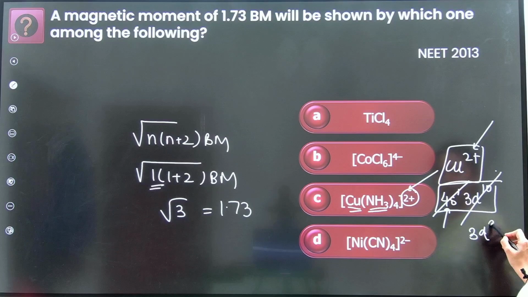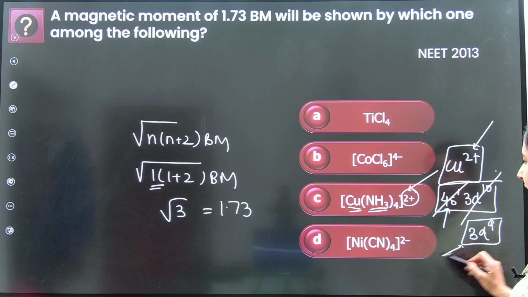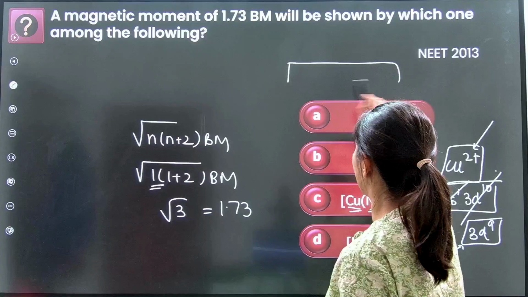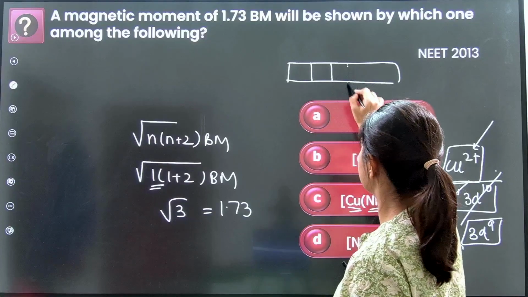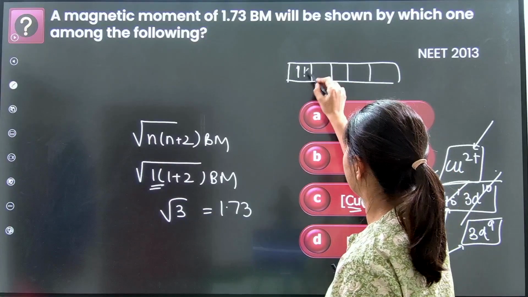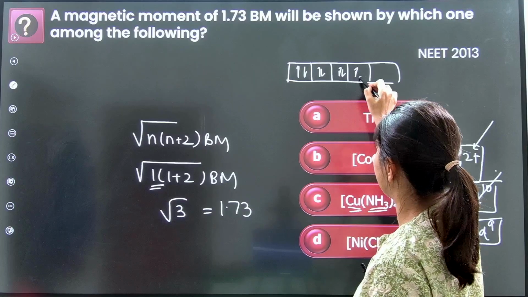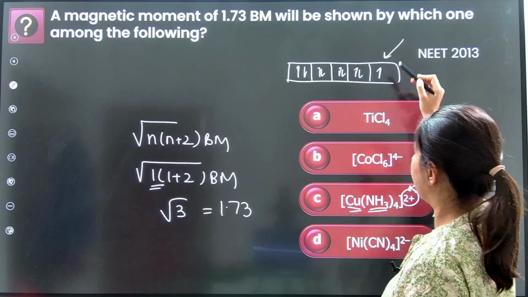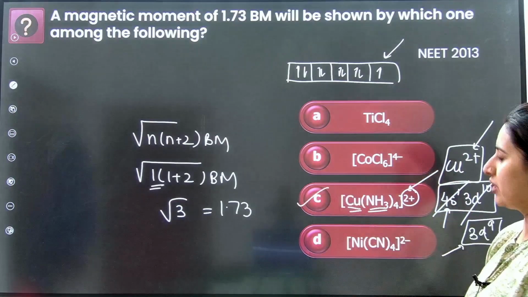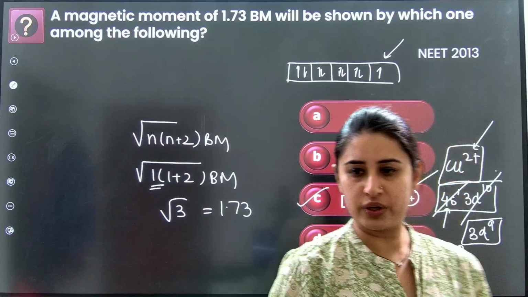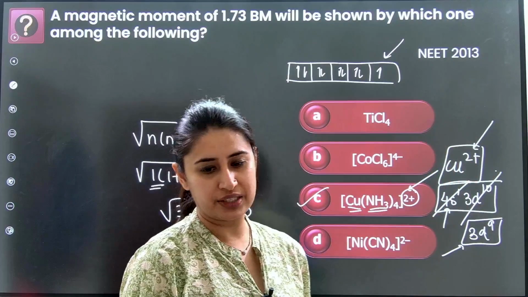So it becomes 3d9. 9 electrons means the d orbitals look something like this. These are the 5 orbitals: 1, 2, 3, 4, 5, 6, 7, 8 and 9. 1 unpaired electron. Only possibility is option C. You can check the rest of the possibilities for yourself.